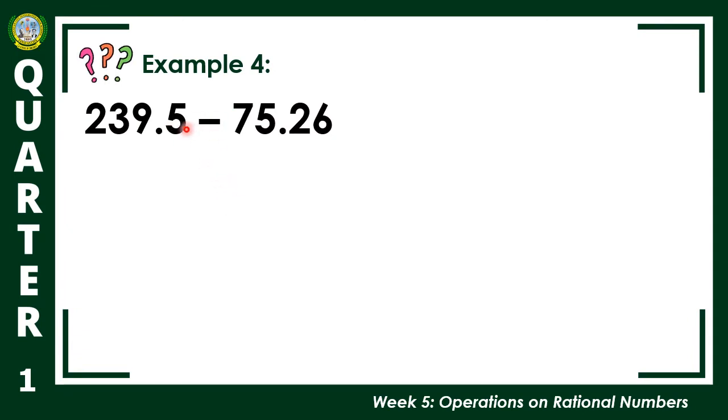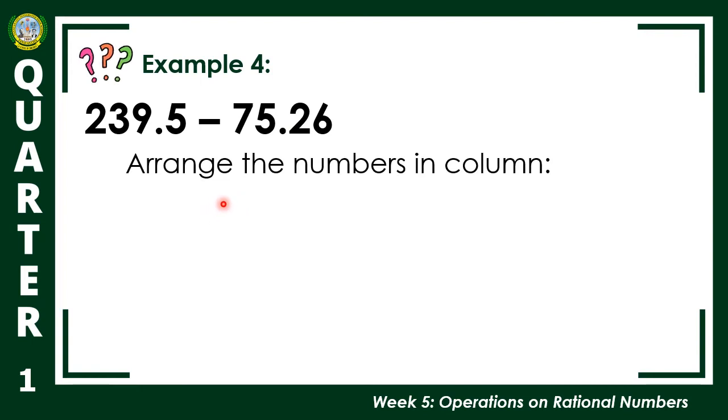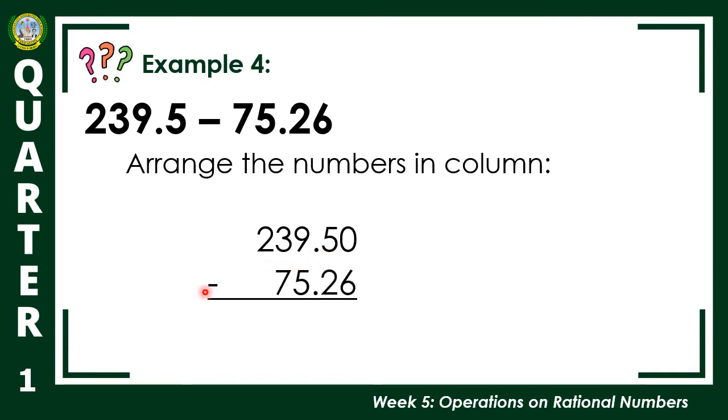So what if we have this one? So 239.5 or 239 and 5 tenths minus 75 and 26 hundredths. So same po, you have to arrange the numbers in column. So write first 239.5 and then minus 75.26. Okay?